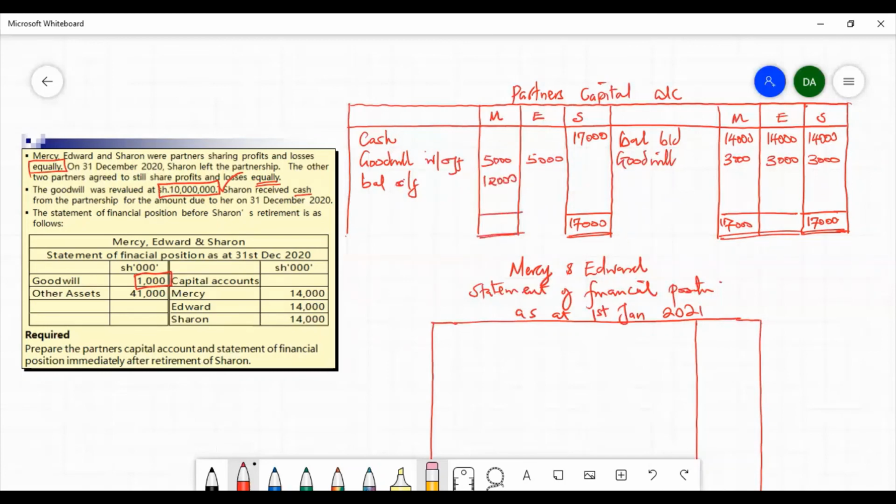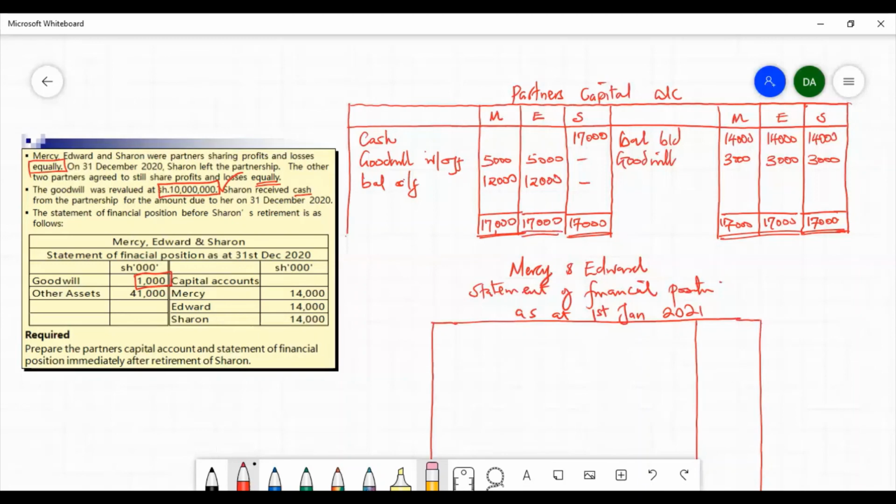So the total here is 17 million. For Edward, we have 17 million minus 5 million, which is 12 million. And the total is 17 million. There is no balance for Sharon, and there is no share of goodwill for Sharon.